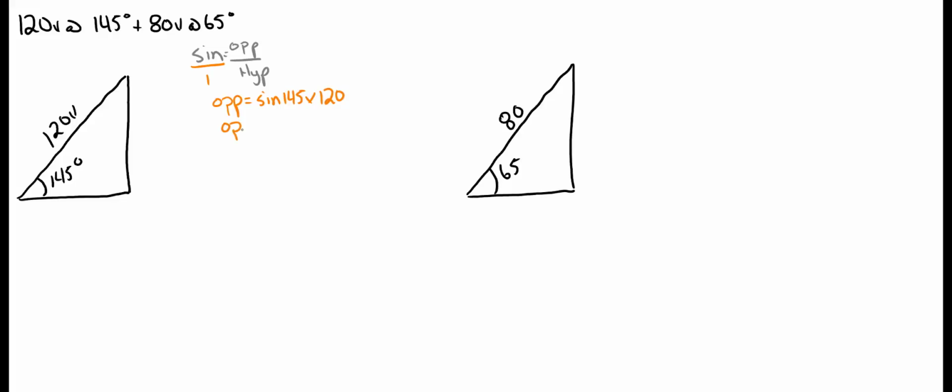The opposite would be equal to 68.829. And then we can use our cosine function to find our adjacent.